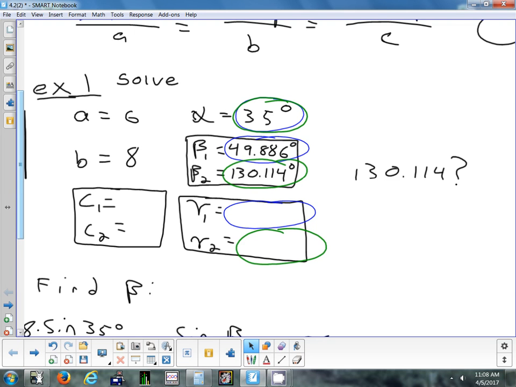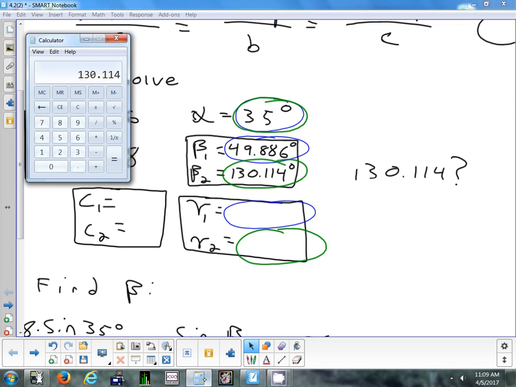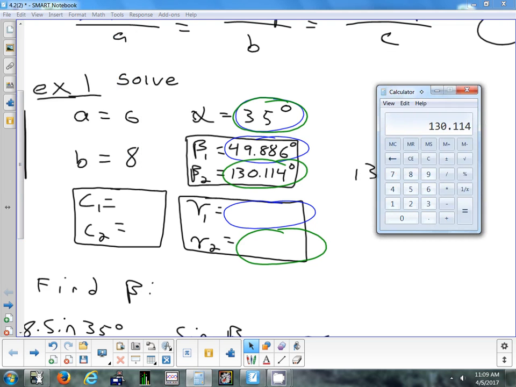So Dave, how would I get gamma 1? All right, when you say both of them, which ones? Alpha and beta 1. So I add alpha and beta 1, and I'll subtract that from 180.